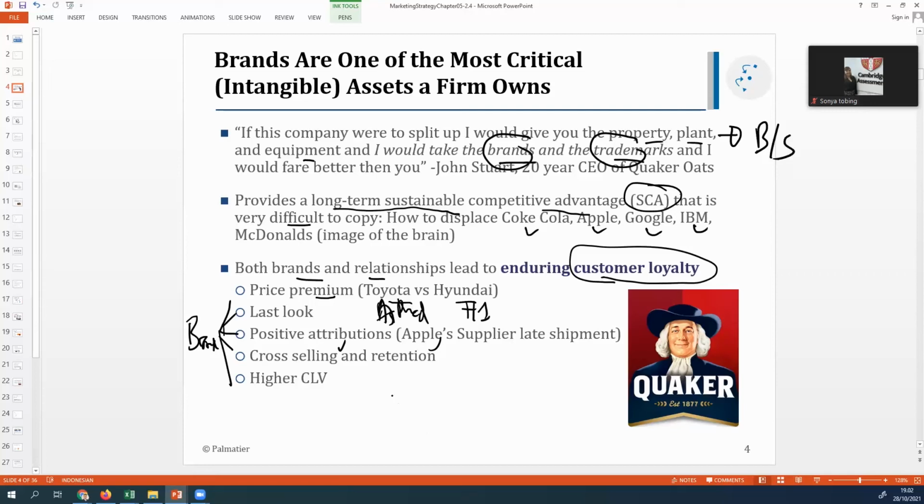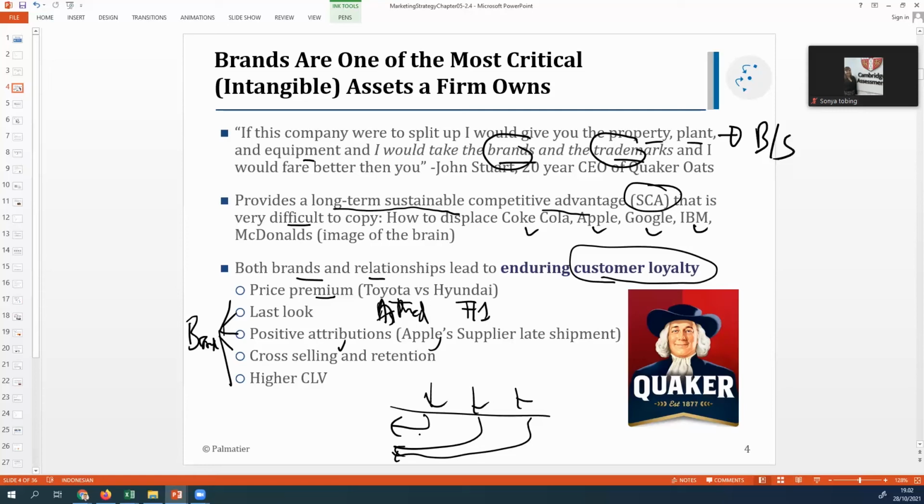Recall, the customer lifetime value is the present value of their future income. And also the last look of the product. So that is the critical point, showing that brand is the most critical intangible asset that firms own.